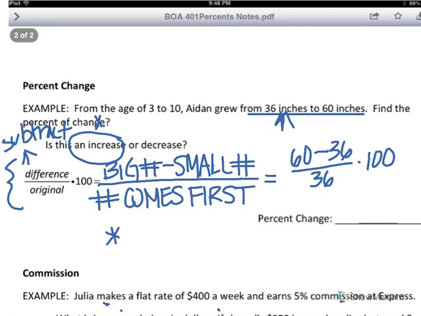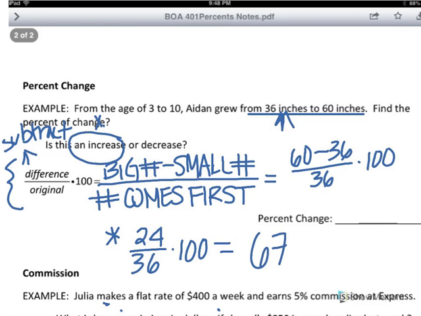I'm going to start this down here. So 24 over 36 times 100. 24 divided by 36 gives us 0.67, times 100 gives us 67%. This is our percent change.